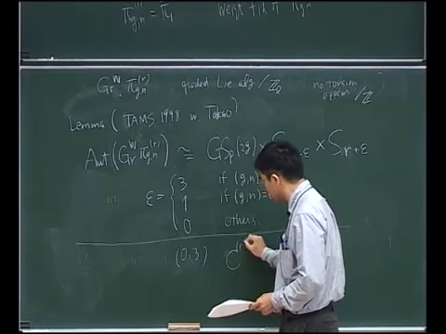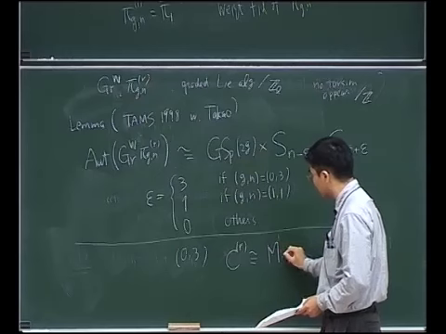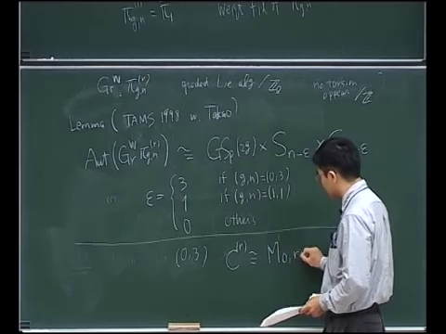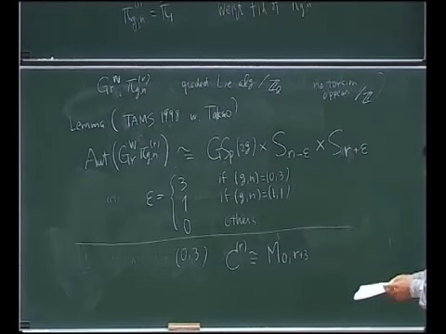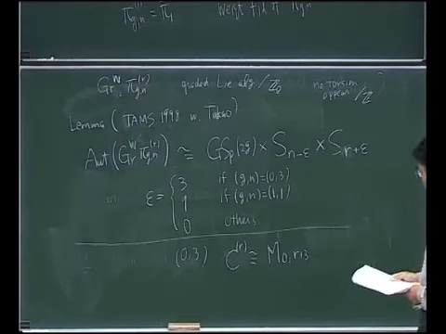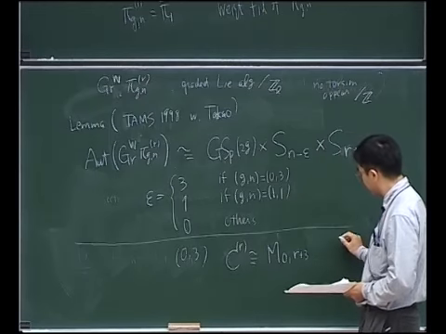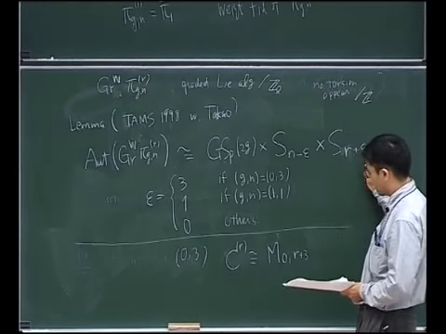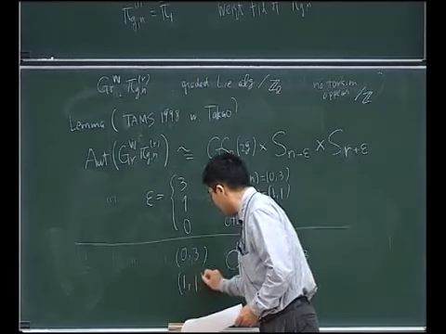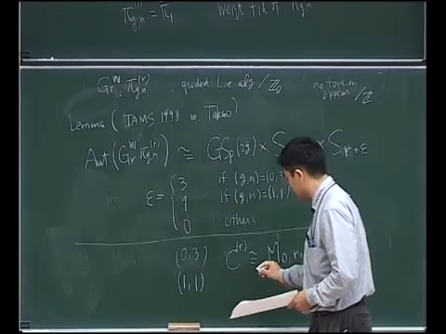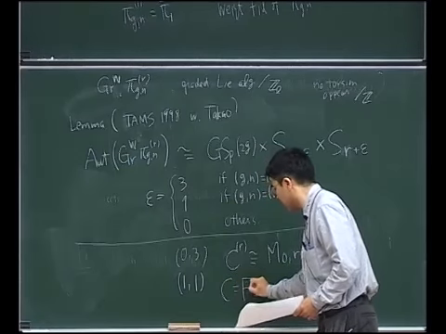Then it is well known by the three-transitivity of P1, C R is isomorphic to M0,R+3, so the moduli space of R plus 3 points on P1. So we get S_{R+3} symmetry.